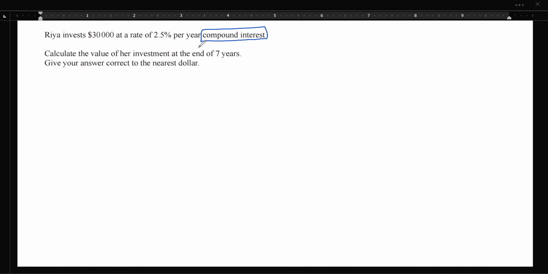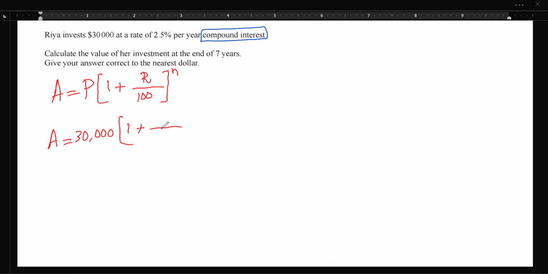For the compound interest, we must recall the formula, and the formula for the compound interest is A equals P times bracket 1 plus R over 100 to the power n, where P stands for the principal amount which is given, $30,000. The rate of interest is 2.5 divided by 100 and it happens for 7 years.